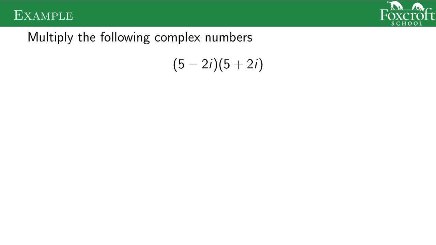Here's another example. Let's do it together. First, 5 times 5 is 25. Outer, 5 times 2i is plus 10i. Inner, negative 2i times 5 is negative 10i. And last, negative 2i times positive 2i is negative 4i squared.